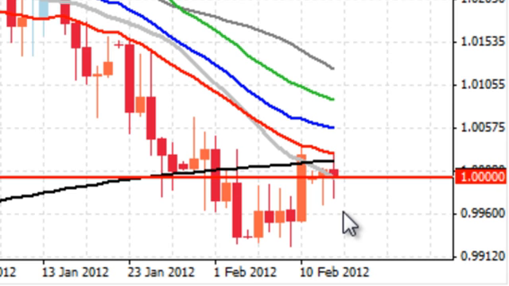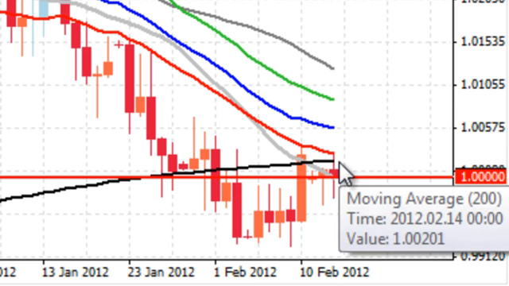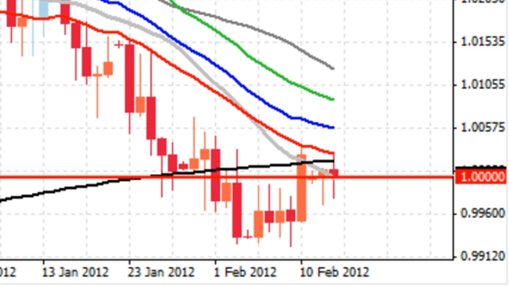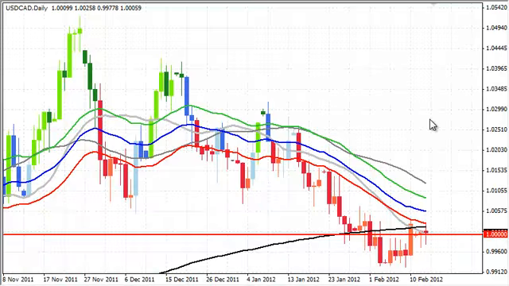Now, we also have to recognize that right about this area, we have the 200 period simple moving average slicing across at the minor cycle level at 20. So a lot of interesting things happening simultaneously in terms of the downtrend in the dollar Canada, the strength in the crude oil market, but yet being met with weakness in equities and possible risk aversion.